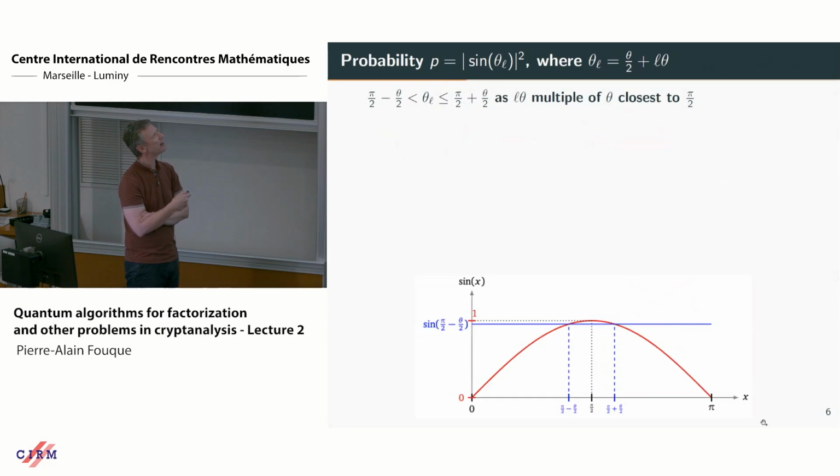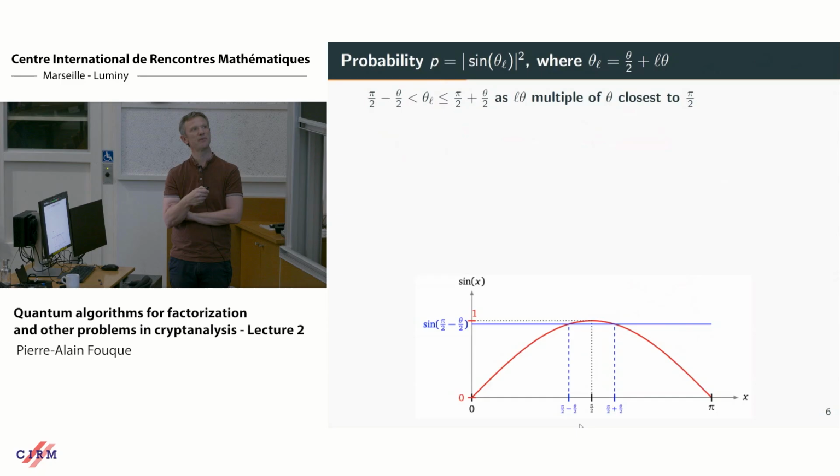So I know that theta L is in this range, and the sine of theta L will be larger than the sine of pi over 2 minus theta over 2.